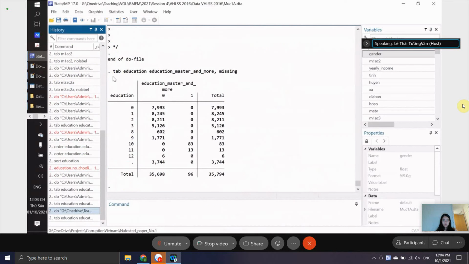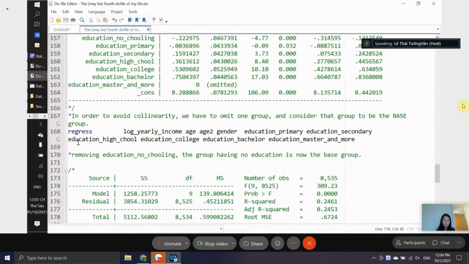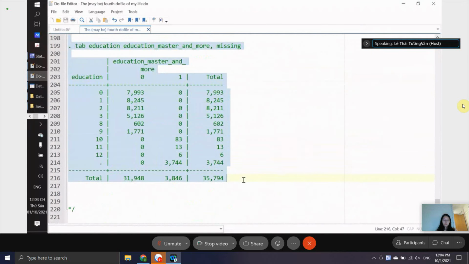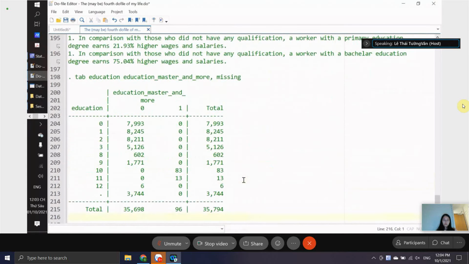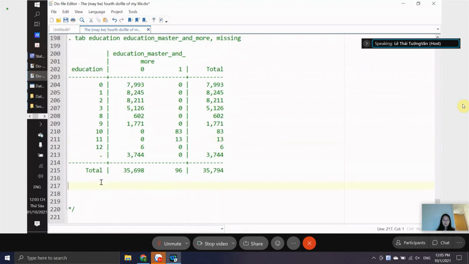You see? Now it only takes the value 1 when people have a qualification that is master or more. So it only takes the value of 1 when that is equal to 10 or 11. So this is an empirical process where you have to be very careful once you start doing the analysis.